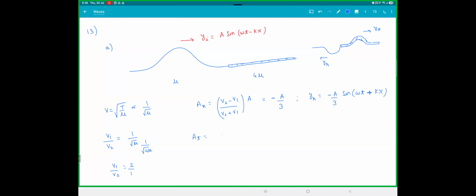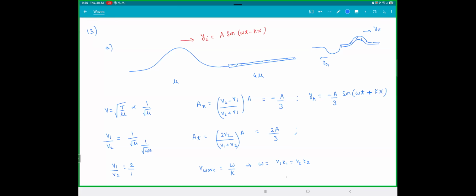For A transmitted, it is 2v2 by v1 plus v2 into A. So what is v1? 2v2. So this will be 2A by 3. Now you have to be careful here. V wave is omega by k, and we know omega is equal to v1 k1 is equal to v2 k2.